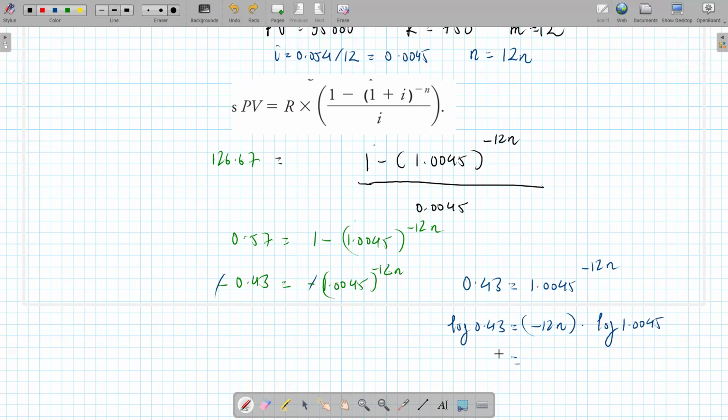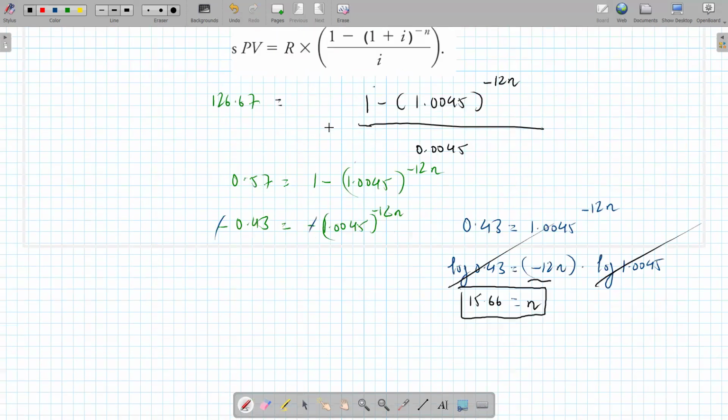So log of 0.43 divided by log of 1.0045. So this is gone, this is gone. Whatever answer I get, I'm going to divide that by negative 12. So the final answer is 15.66 years. So there we go. That's how you'd solve this question if the time is missing. It gets a little bit complicated. You have to use logs because the unknown is in the exponent.